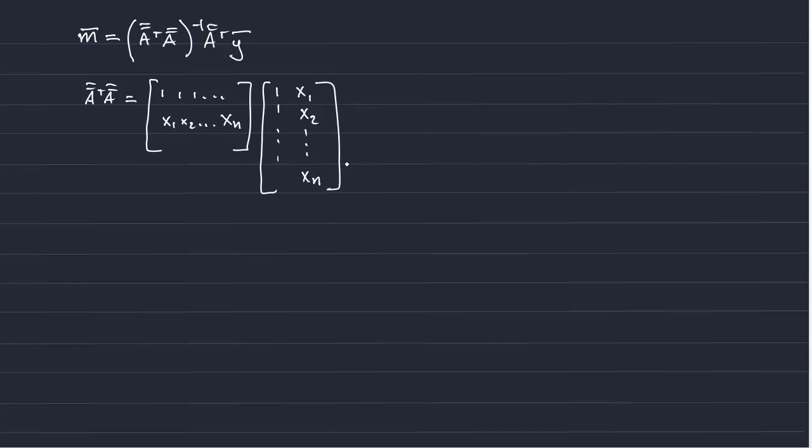And when we multiply that out, we have a 2 by n matrix times an n by 2 matrix, so we'll get a 2 by 2 matrix. The first component is n, for multiplying 1 n times and summing.